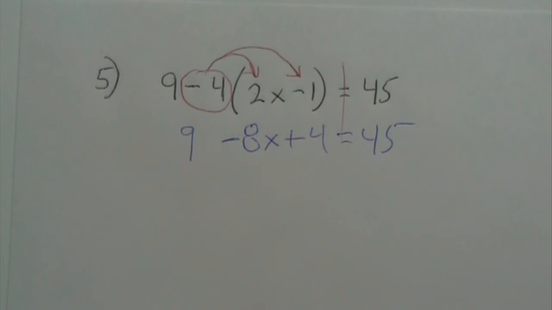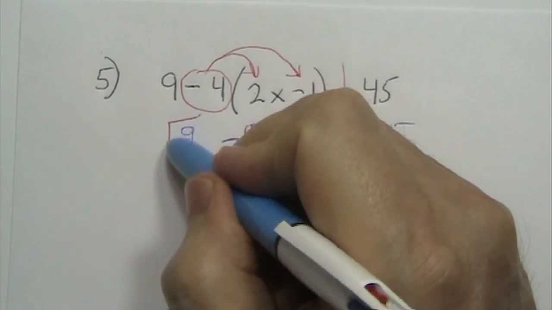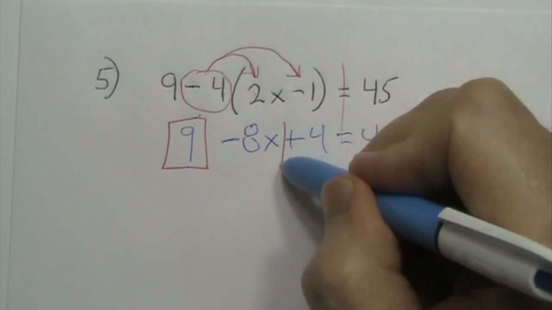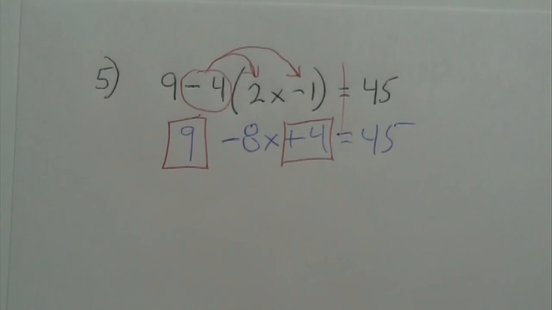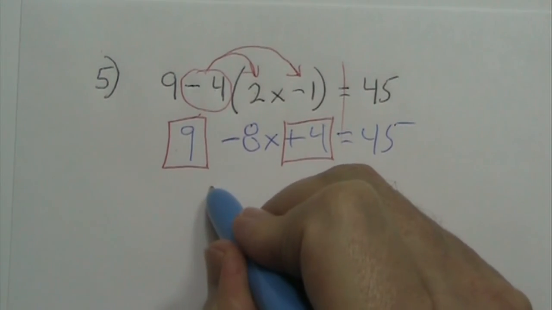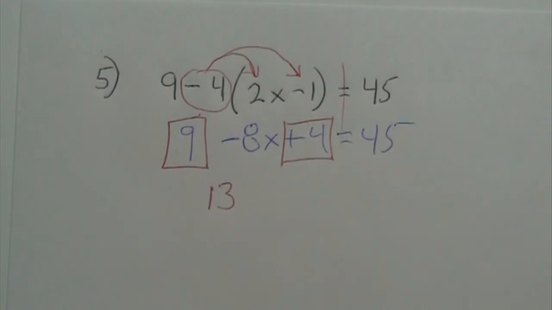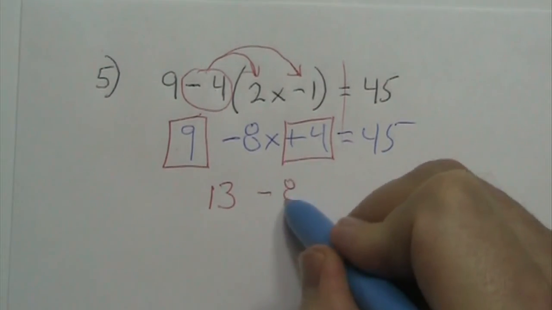Okay, notice I have some like terms. I have a 9 and a plus 4. Okay, 9 and 4 makes 13. I'll bring down the minus 8x.